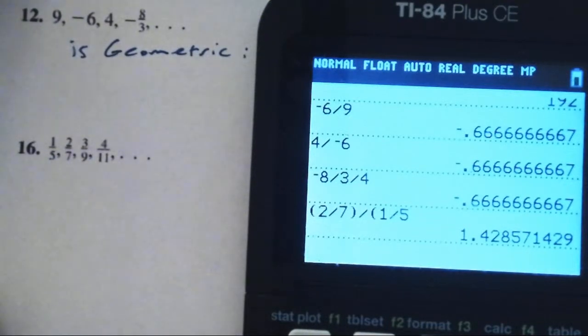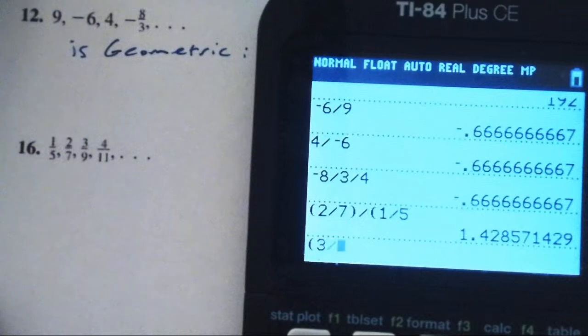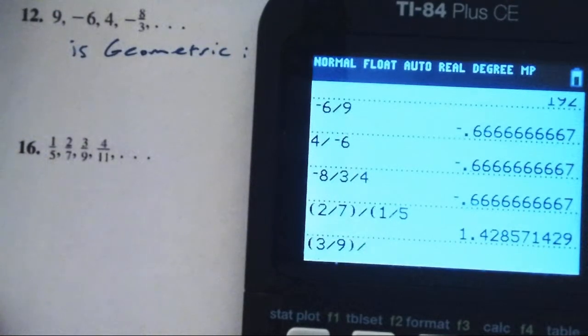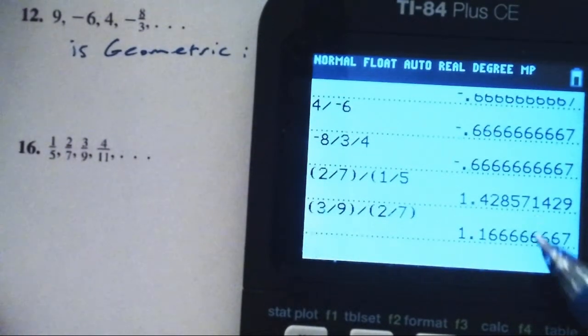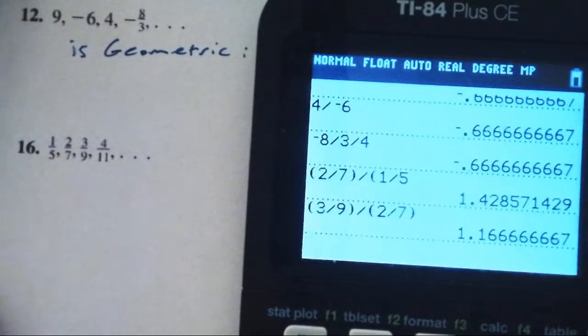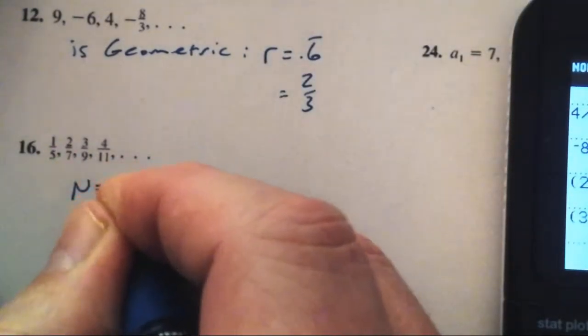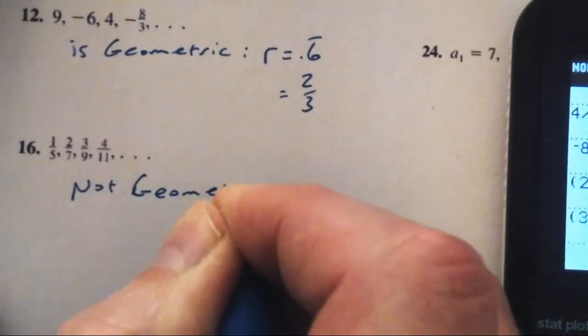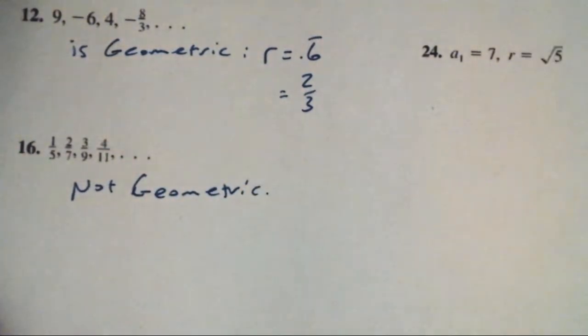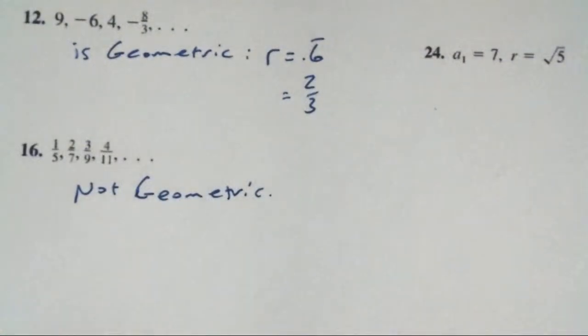And then I'm going to take the 3/9, I'm going to put that in parentheses too, 3/9 and divide by the 2/7. And we see that we don't get the same results. Therefore, this is not geometric. Okay? Pretty straightforward, I believe.